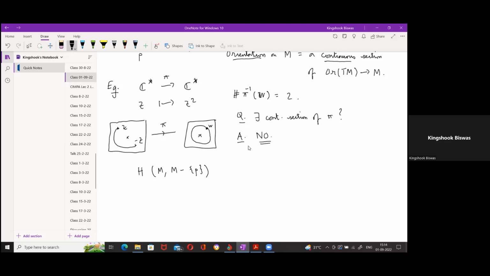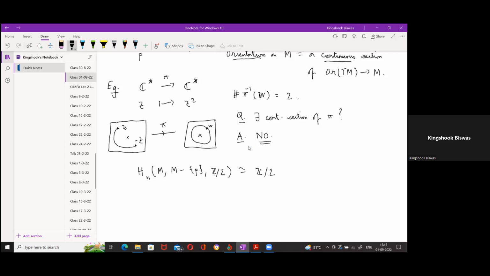Maybe you did this with Shomik in your algebraic topology class, right? So you look at this with Z2 coefficients. And because M is a manifold, this is isomorphic to Z mod 2.